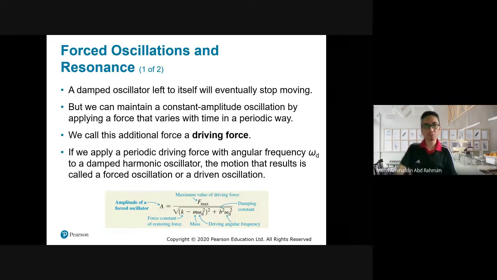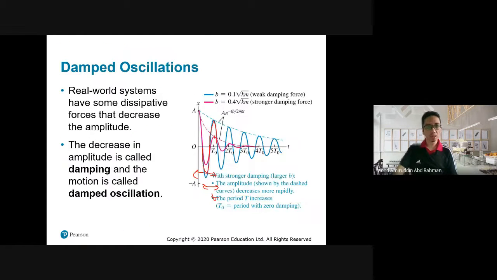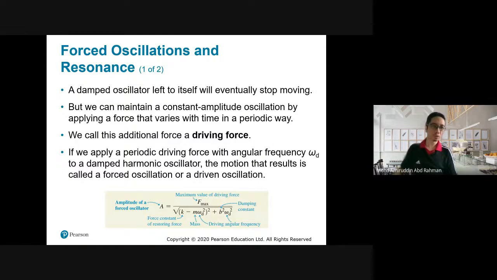And we have the forced oscillation and resonance. This is the equation for forced oscillation and resonance. If there is an oscillator, it will eventually stop moving.